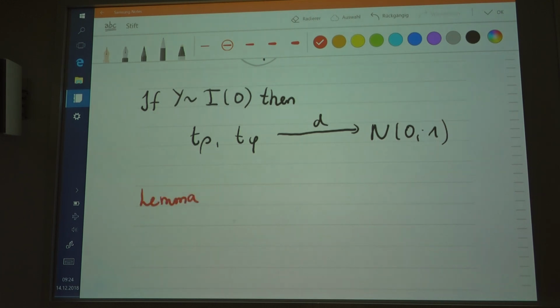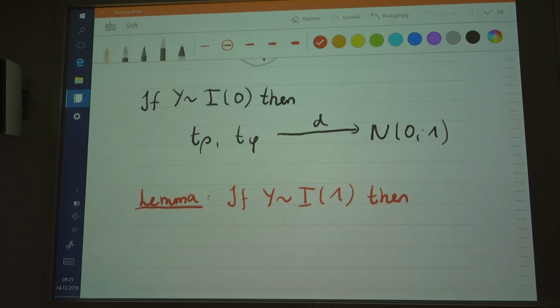So if the process is integrated of order 1, then, as you have seen in the previous lecture, there are some weird things going on. Then these test statistics do not converge in distribution towards the standard normal distribution or to any normal distribution at all.